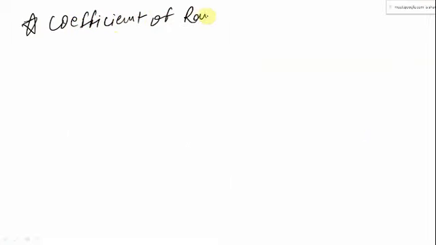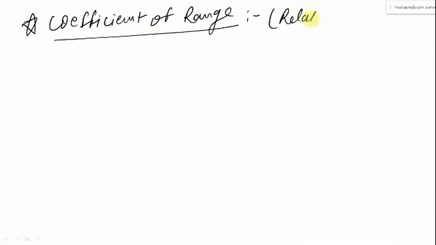Okay. So just after the range, we have the coefficient of range. As we said, the coefficient of range is actually a relative measure of dispersion.